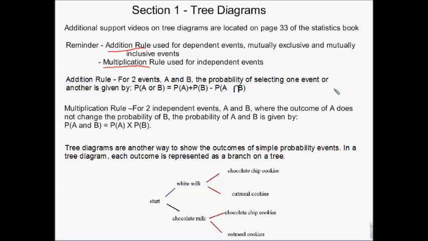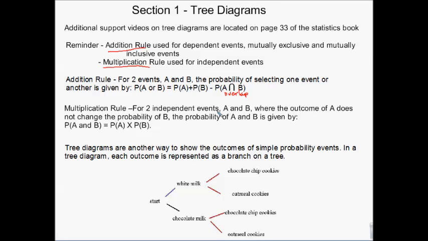There we go. So this is the overlap. Multiplication rule for two independent events, the probability of the first one times the probability of the second one. And again, this is for them both happening.